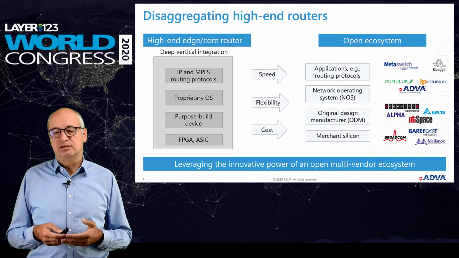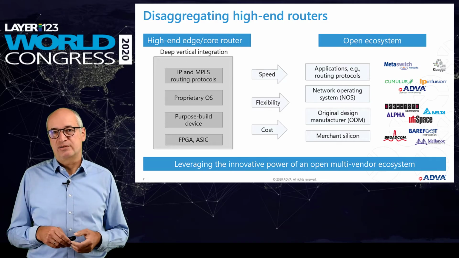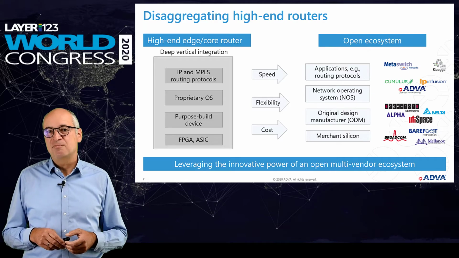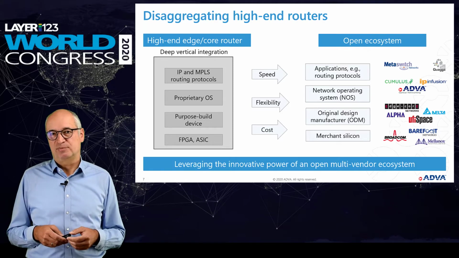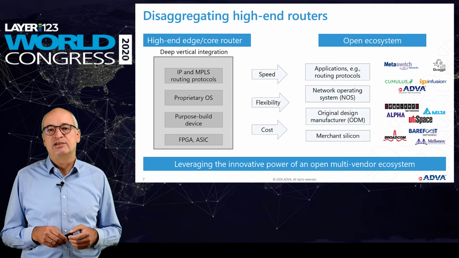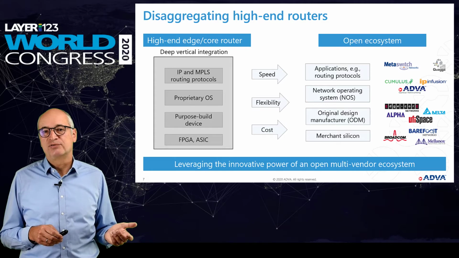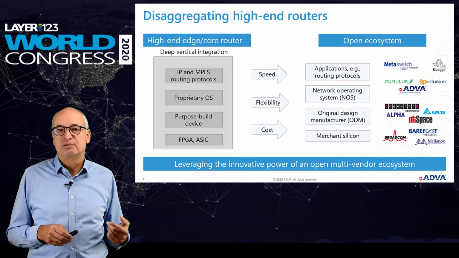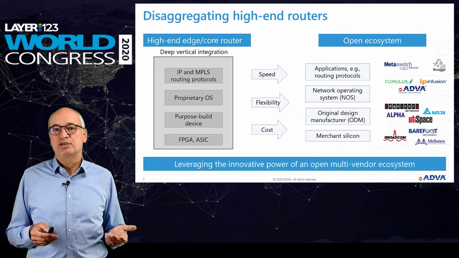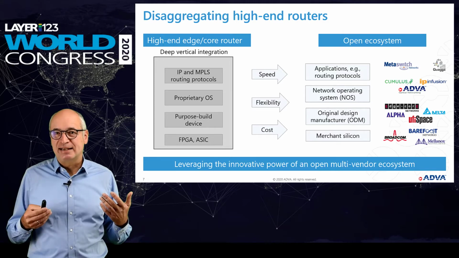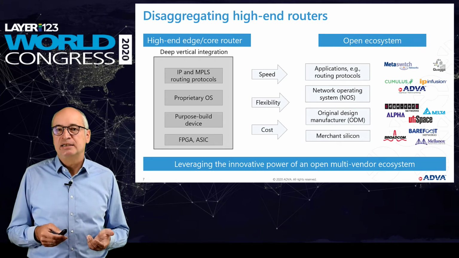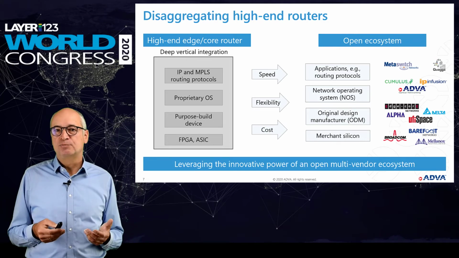Things are much easier if you separate this network element, if you separate the layers and get the work done by highly specialized expert companies. That's shown on the right-hand side on this slide here. You see those companies, experts for silicon, ODMs for integrating silicon in bare metal switches, experts like us, ADVA, very experienced in operating networks and the operational processes.